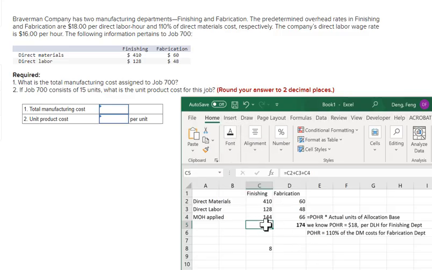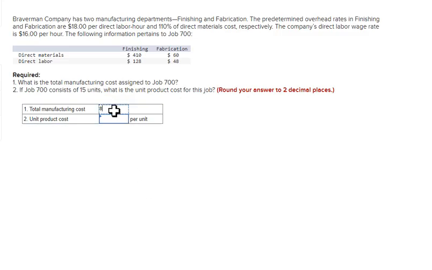So if you combine these two, this one plus that one, it gave you $856. So this total cost is $856.